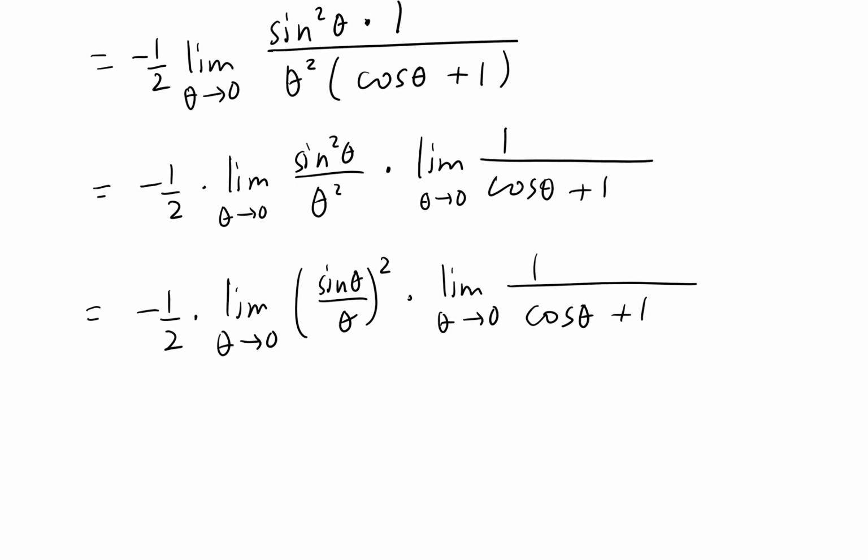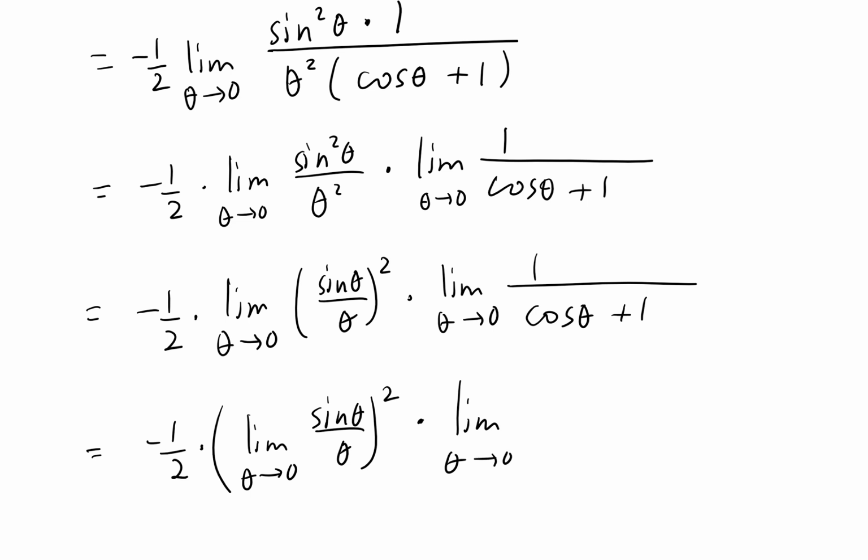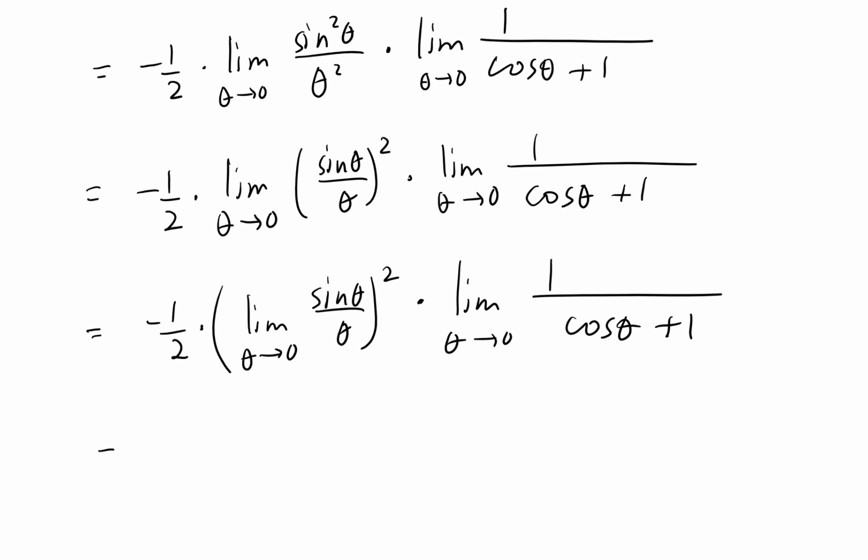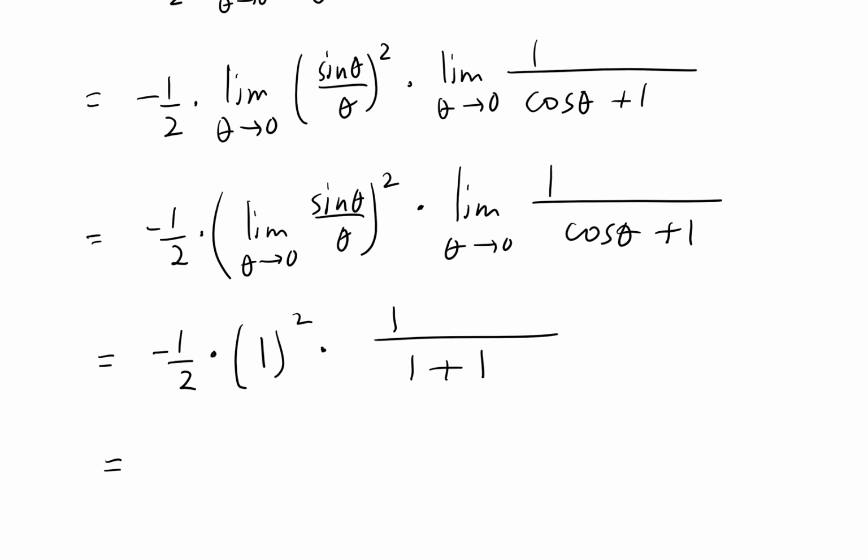The next thing is we may pass the limit inside, limit as theta goes to 0 of sine theta over theta all square times the limit as theta goes to 0 of 1 over cosine theta plus 1. So this gives us negative 1/2. Inside this we know it's 1 square times 1 over cosine 0 is 1 plus 1, and that would give us negative 1/2 times 1 times 1/2. So the answer is negative 1/4.